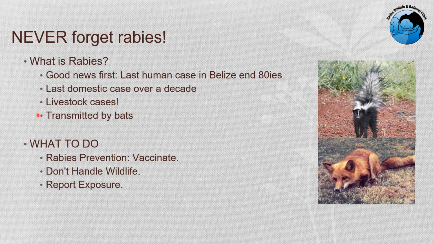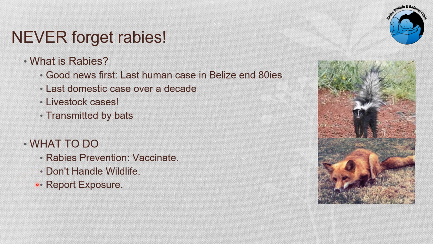And what to do is, well, if you are a person who will be handling wildlife animals, like forest department officers, or for example, police officers, they would have a designated person, then it would be a good idea to vaccinate. And don't handle wildlife in the first place if you do not need to.